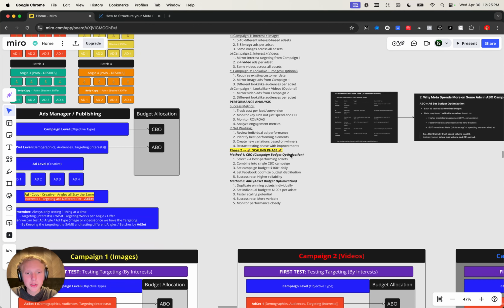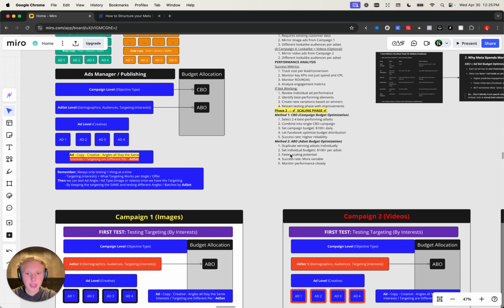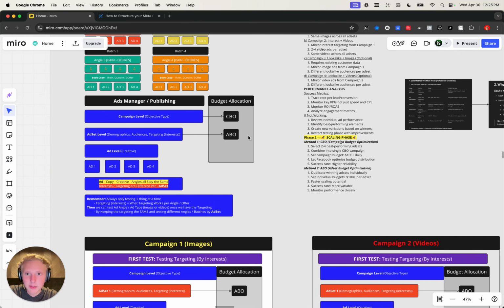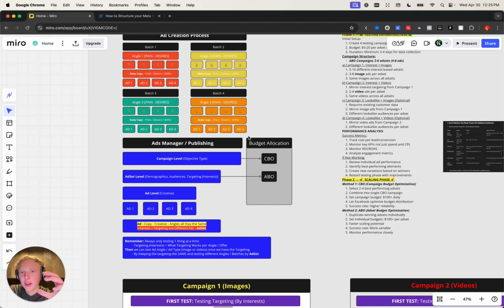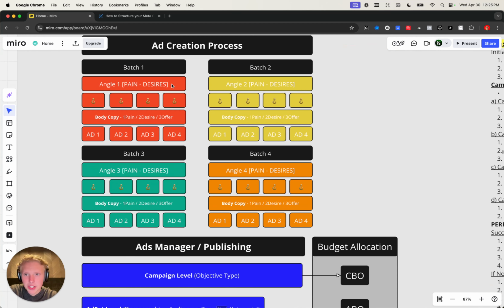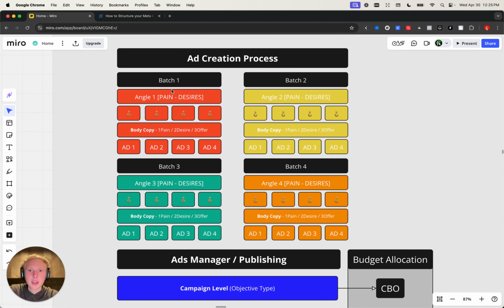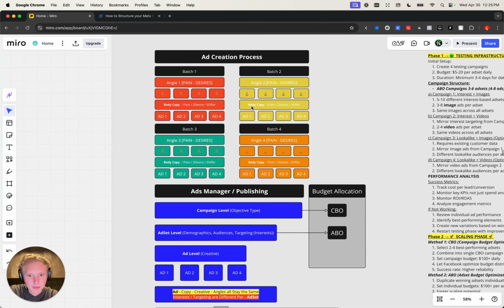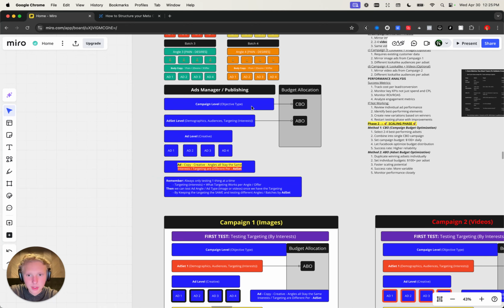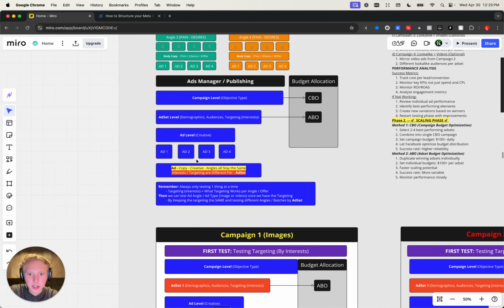So in a CBO, you set an overall campaign budget of daily spend, and it will just spend on the highest converting ad, whereas at the ad set level, you can actually control it on the ads that you're testing, and Meta will spend across these 4 ads in each ad set, because you're setting the budget at the ad set level, not at the campaign level. So that's just the easiest way I can explain it. And then, of course, you can see it here visually.